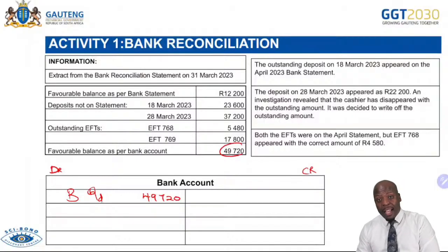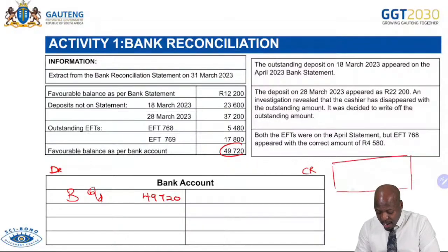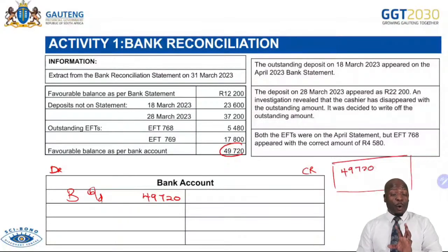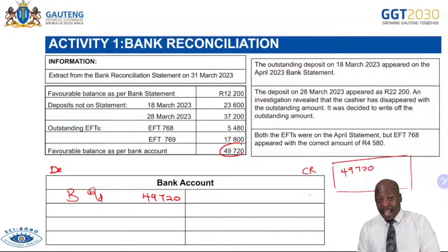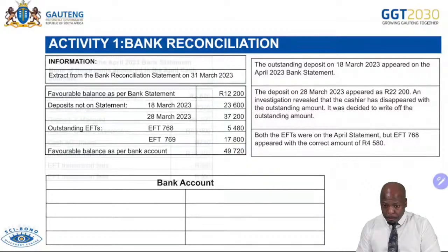Others would have just done the line calculation, whereby you come into your box where you are doing your calculations, and then you start with your 49,720. Several ways of doing this. I'm just going to stick to one way so that it may make sense at the end of the day. All right. If it was an unfavorable balance, you're going to bring it onto the credit side. Okay, let's move on to the next one.